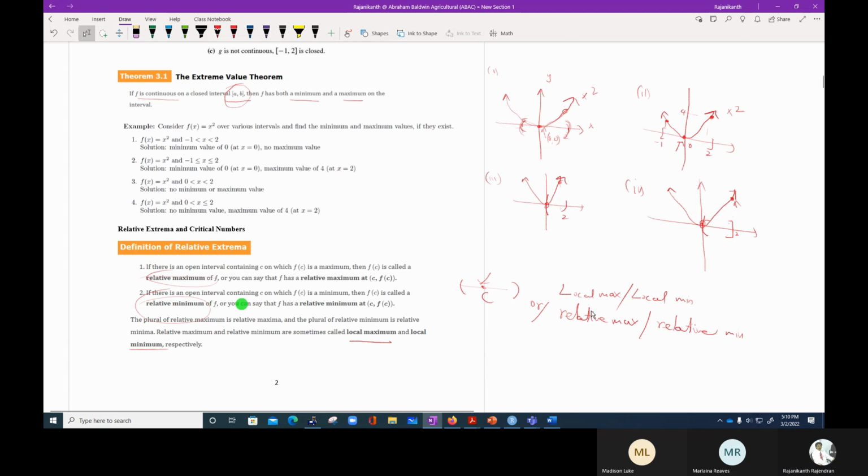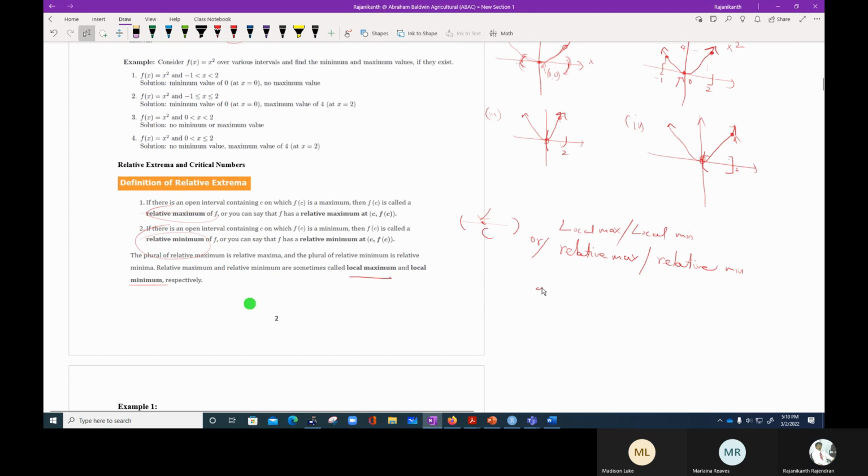For absolute max or absolute min, some books use global max or global min.